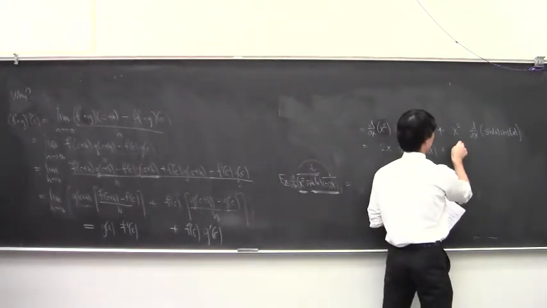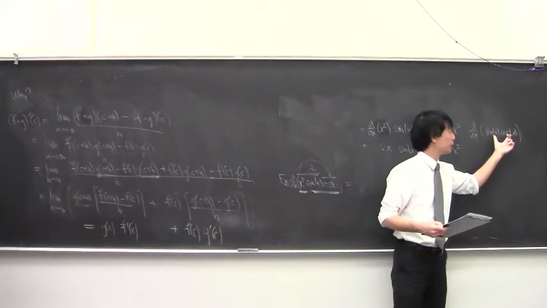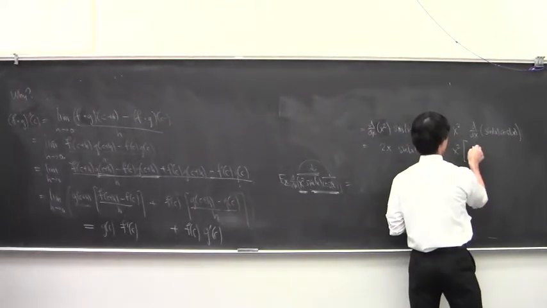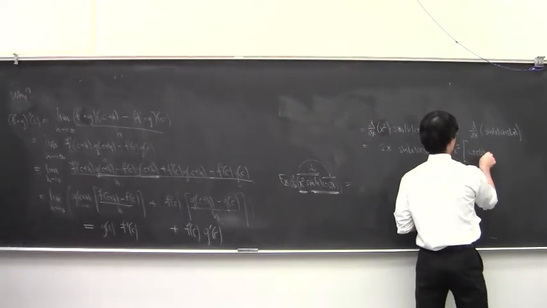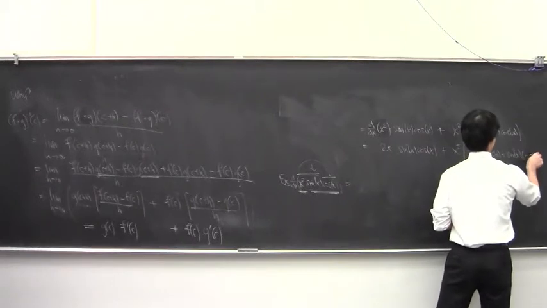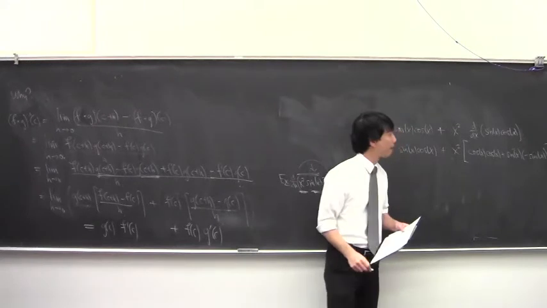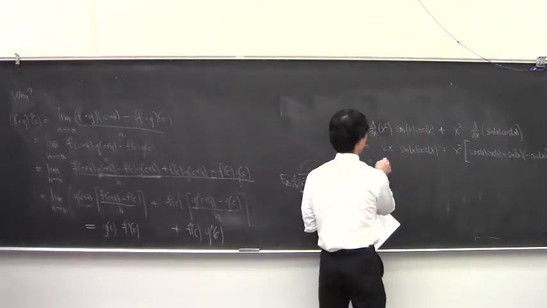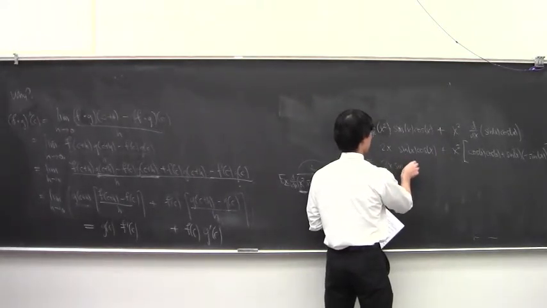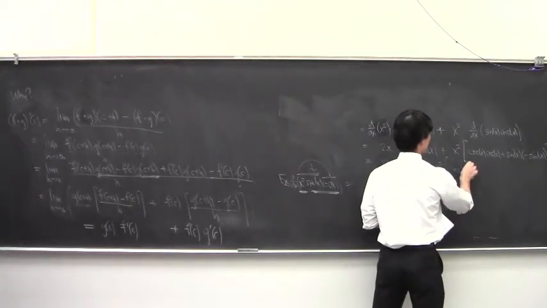And then you come to here, and you use the product rule again: the derivative of the first guy times the second guy plus the first guy times the derivative of the second guy. And so altogether, you end up with 2x times cosine x plus x squared times cosine squared x minus sine squared x.